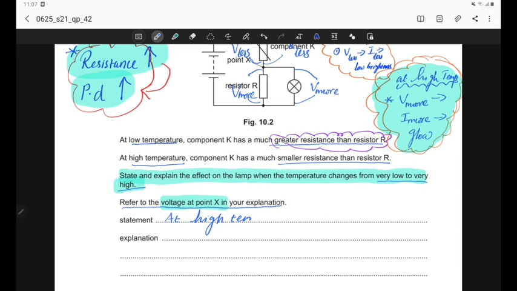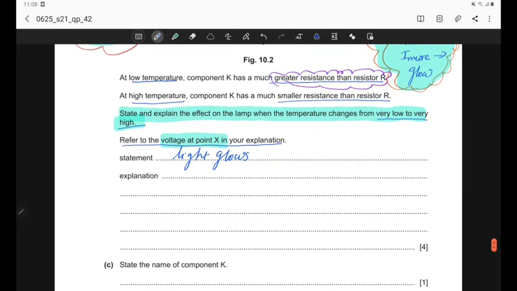First we need to write the statement. The statement is the final result, and we have seen that the light glows. So we can simply write: light glows. And as an explanation we have to write the reasons.